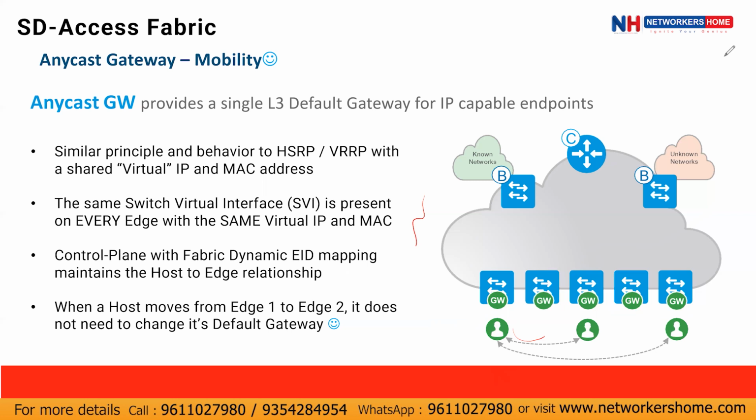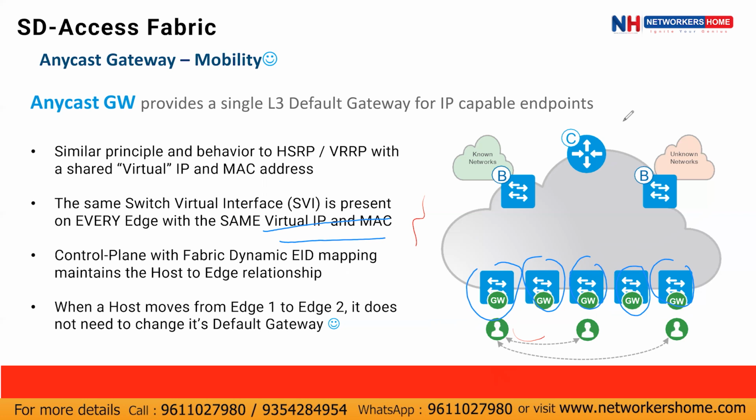But here you create it once from the DNA Center and it's replicated on everything, and it has a virtual IP and MAC. So what IP will each of the switches have? It will have the same virtual IP. Right. So only the controller mapping will change.